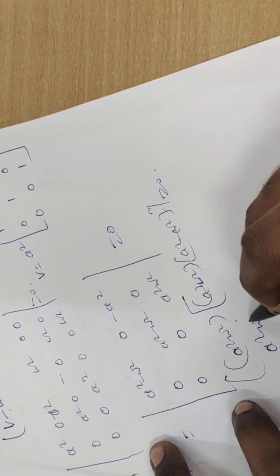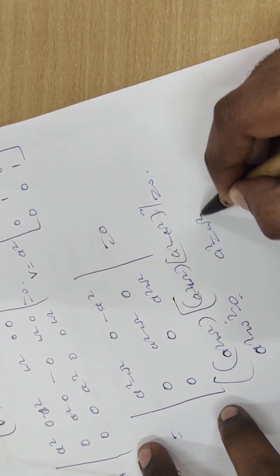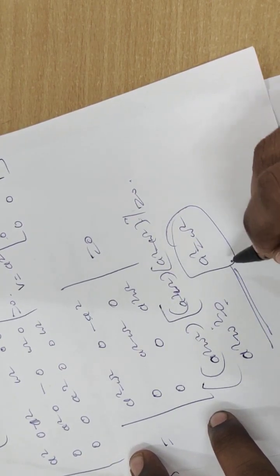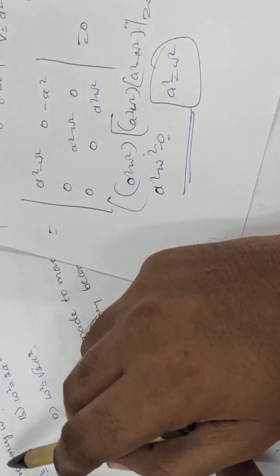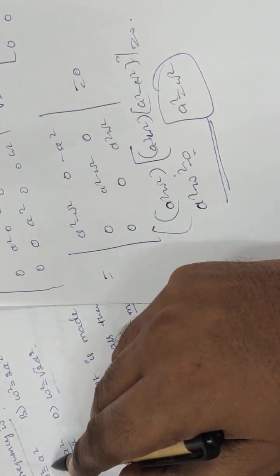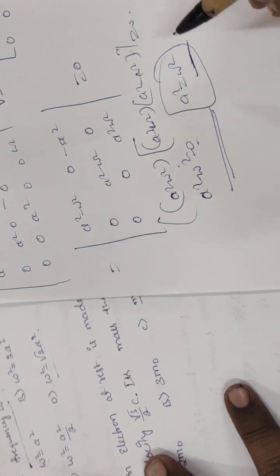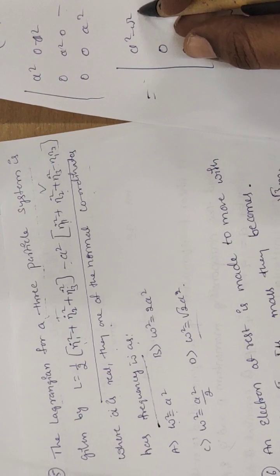This is the determinant. So simplifying, we will get alpha square minus omega square is equal to 0, and alpha square is equal to omega square. Here they asked for one of the frequencies omega. From the given options, omega square is equal to alpha square, which we got. So option A is correct. For this question option A is correct.